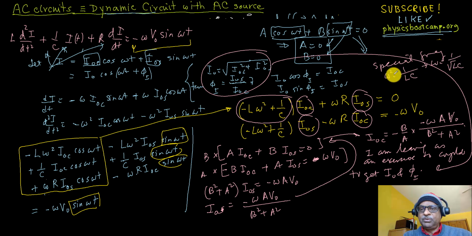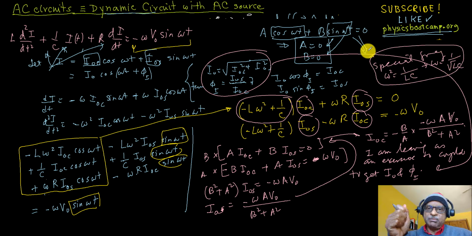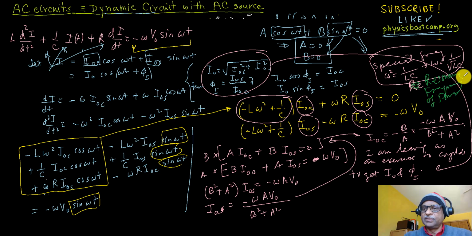This is the frequency at which most power can be delivered to the circuit. This is called the resonance frequency of power, that power can be delivered. Okay, I'm going to stop here.